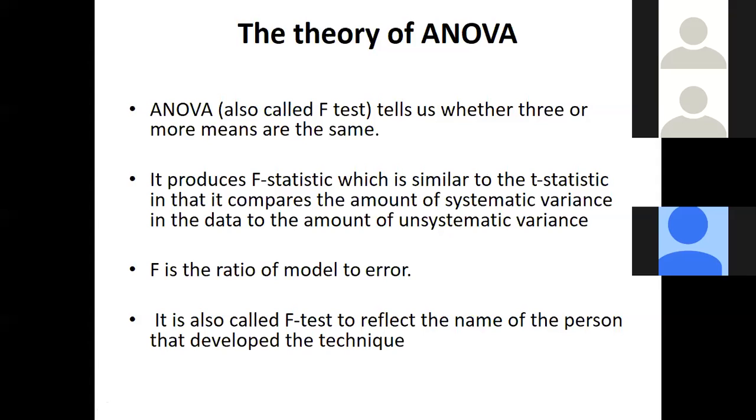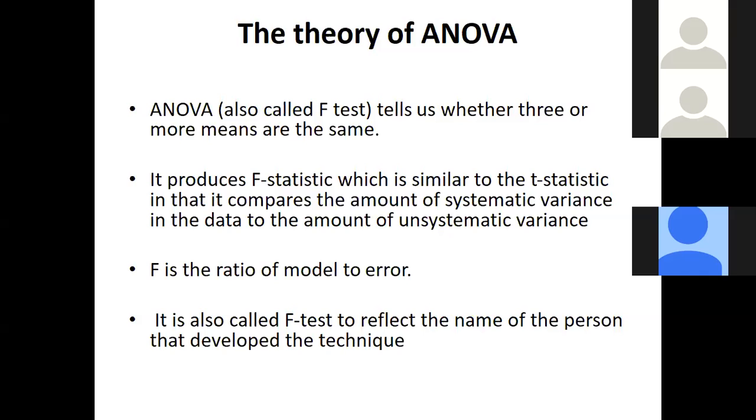The F statistic is the same logic as the t statistic, because if you remember, I said that all statistical tests are the same thing put in a different cloth. You see that it has to do with division.